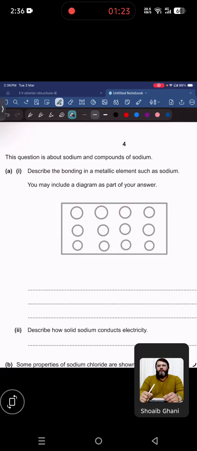Then let me place the positive charges in the circles. So these are the fixed positive ions with the delocalized electrons along the fixed positive ions.